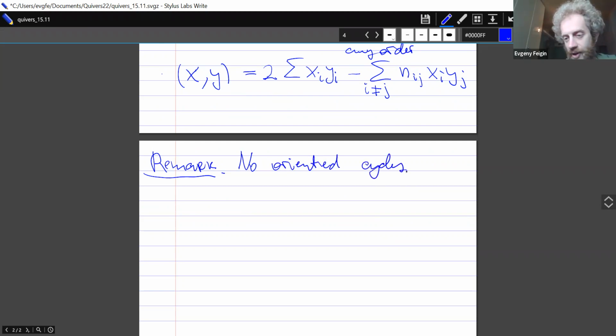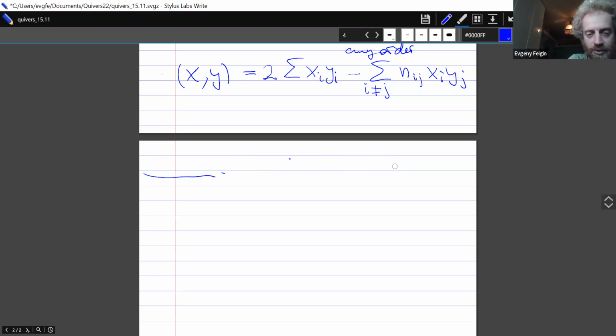Okay. But we don't have any orientation, so it's just. Yeah, let me think a bit. No cycles. Let me think a bit. No. Well, in principle, maybe let us work out an example. So I think it's still fine. So maybe we don't need it. So an example.